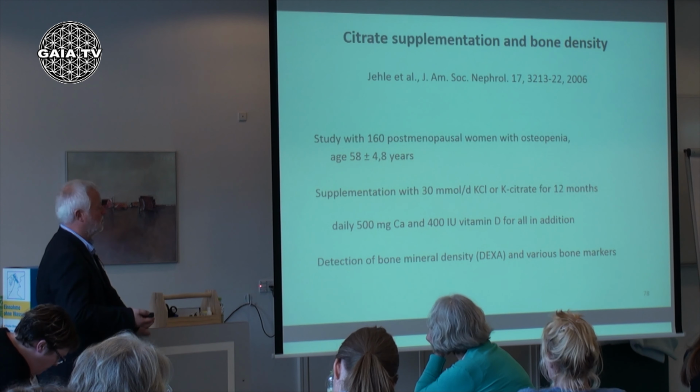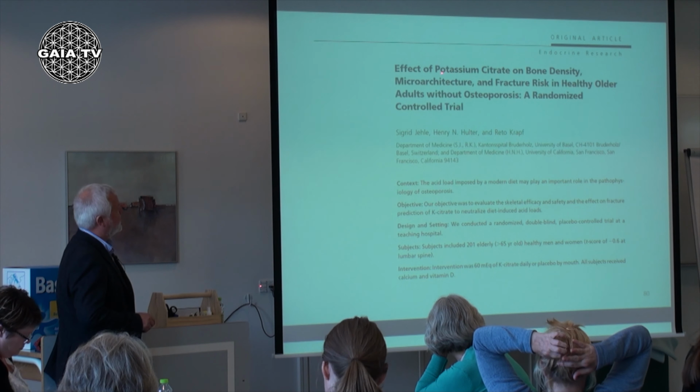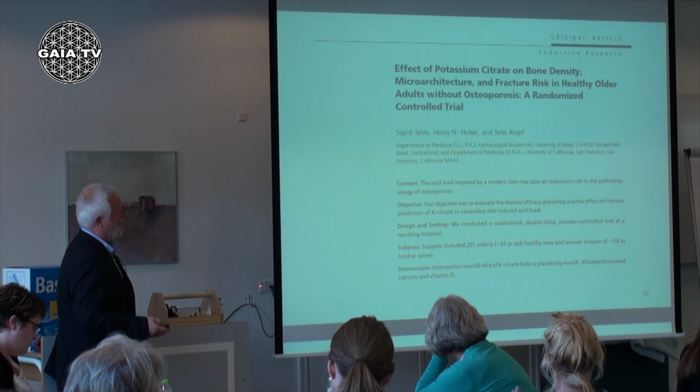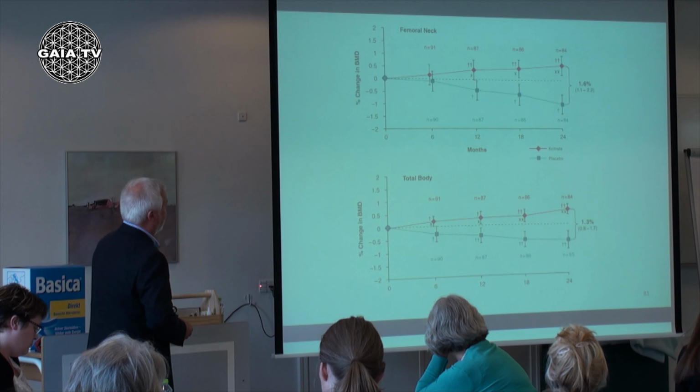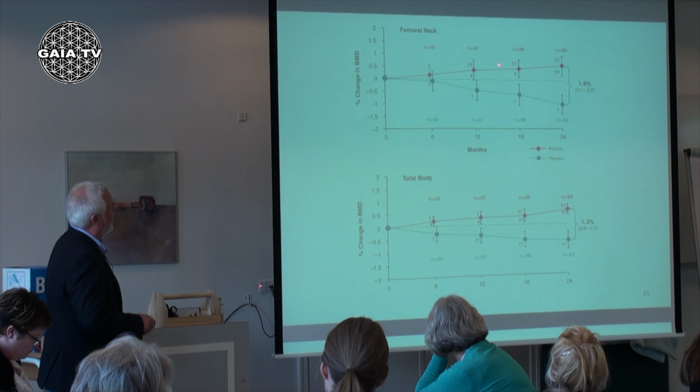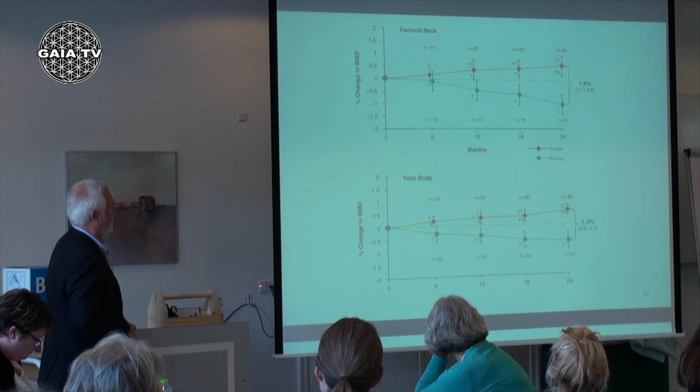And this study was not exactly repeated, but a similar study was done in a placebo-controlled study, potassium citrate against placebo. And again, you see here the group with potassium citrate has a significant increase in bone density, and the placebo group has this loss in bone density over 2 years.